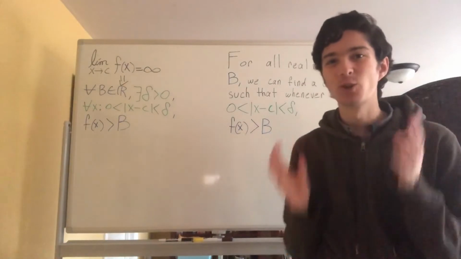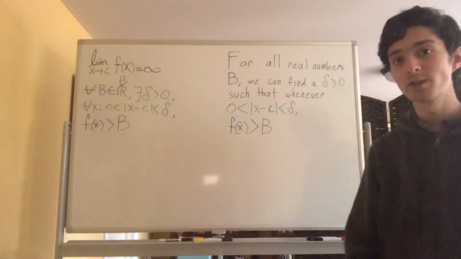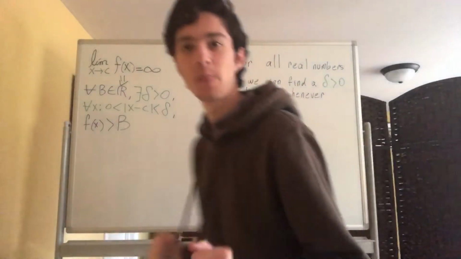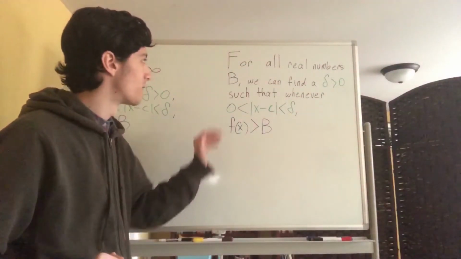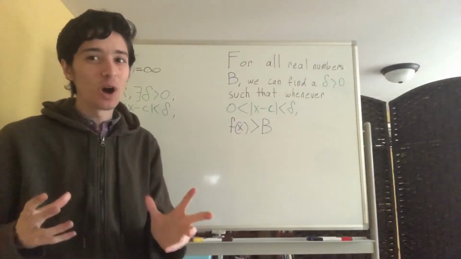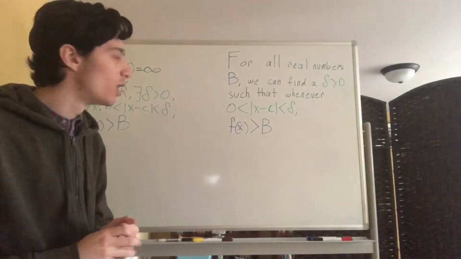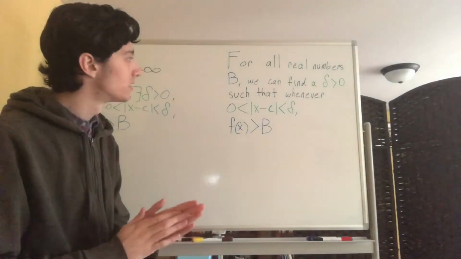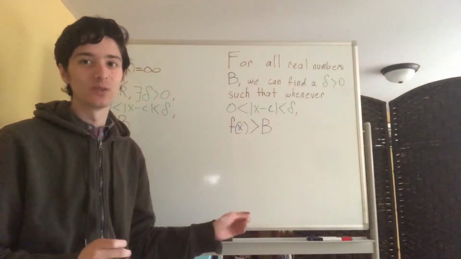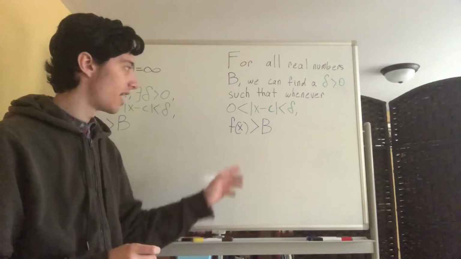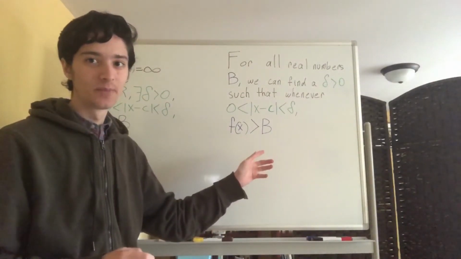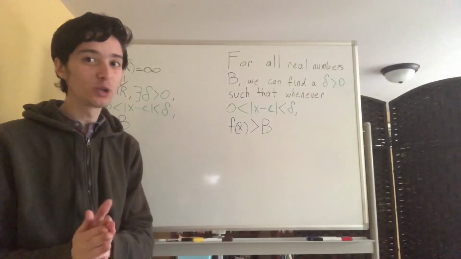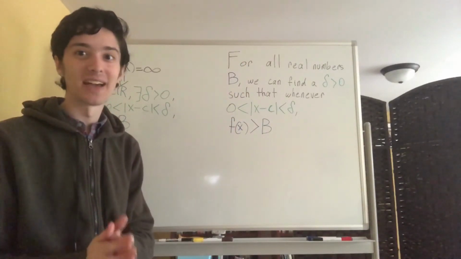And again, if you're looking at this and you're like, this is a bunch of words, we can think about this. For any b, any value on that y-axis, we can always find a width that's small enough such that whenever x is within that width, f of x will be greater than b. So no matter how high a b value someone chooses, you could still choose a delta that would satisfy that condition.